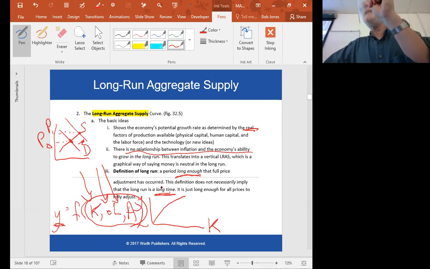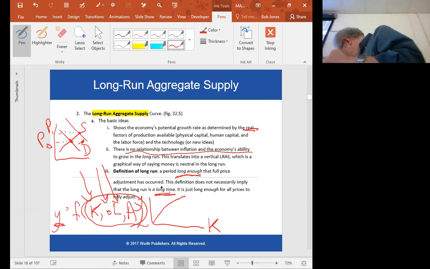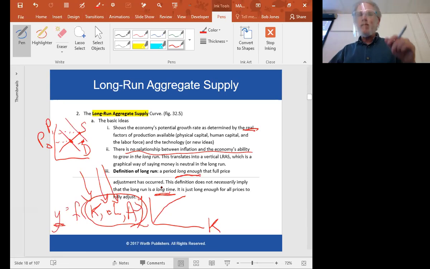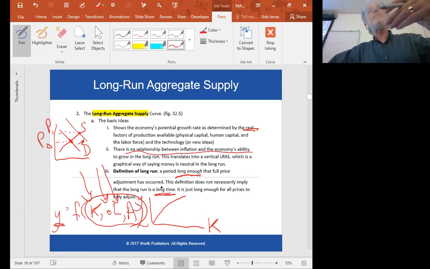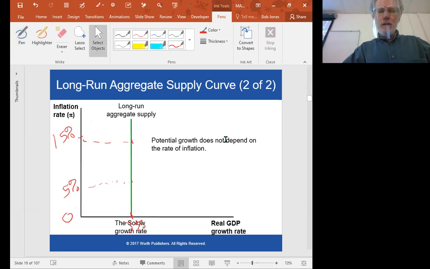We're just going to distinguish between what happens over a period of time that is long enough for this full adjustment to occur, and what happens during a period of time where that full adjustment has not occurred. And when we talk about the long run aggregate supply, we're saying don't worry about how long it takes for adjustment.